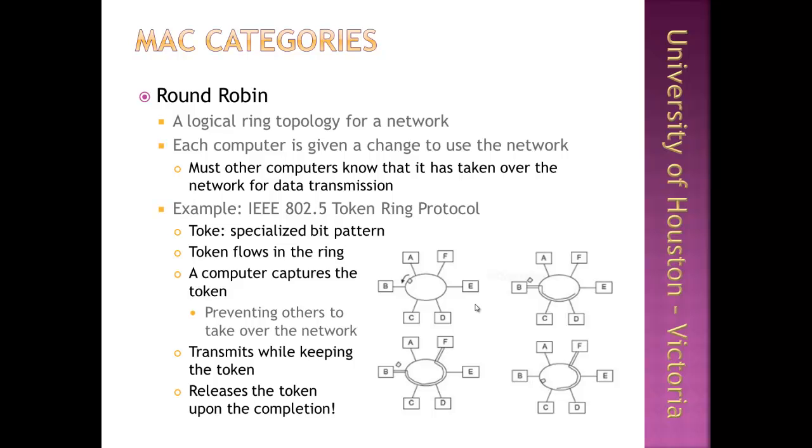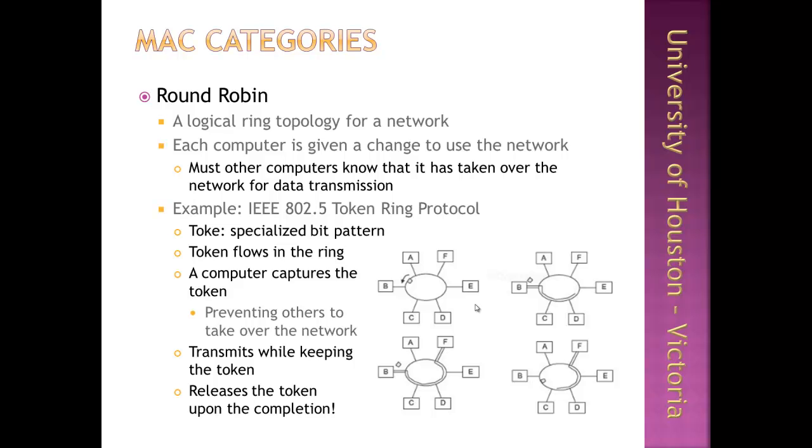The IEEE 802.5 token ring protocol is an example that can adopt this round-robin strategy to share the network. The picture here shows an illustration of the round-robin technology in the 802.5 token ring protocol. In a token ring, the token is a special bit pattern and is used to control access. The token circulates around whenever no communication is occurring.